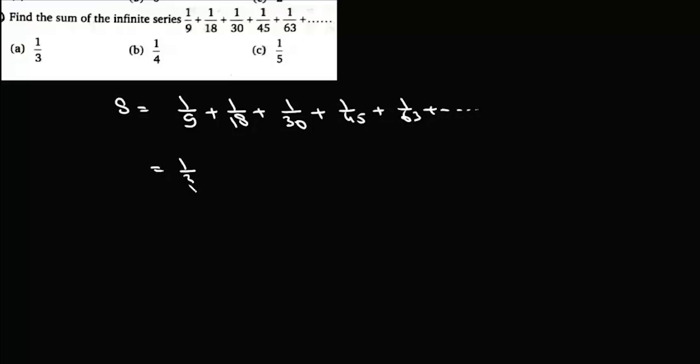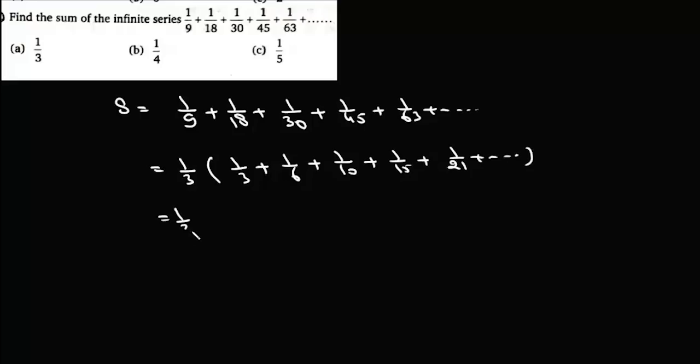Now here the question is, we need to find the sum of this infinite series, which is 1 by 9 plus 1 by 18, 1 by 30, 1 by 45, 1 by 63 up to infinite. Now we can take 1 by 3 common. So it will be this 1 by 3, 1 by 6, 1 by 10, 1 by 15, 1 by 21.